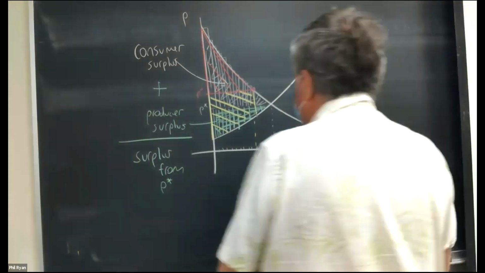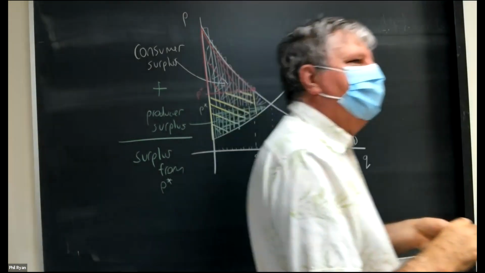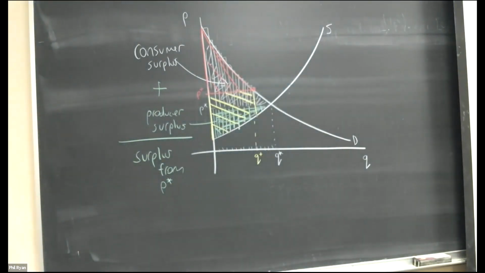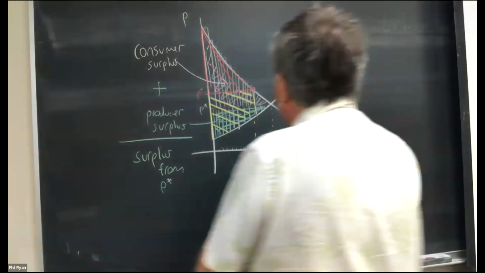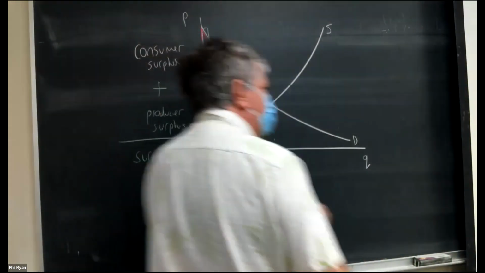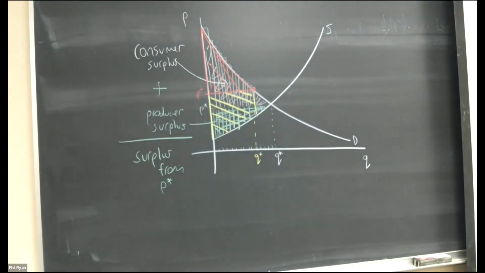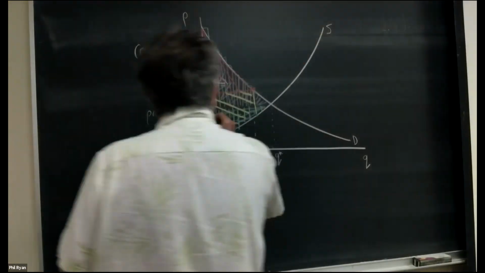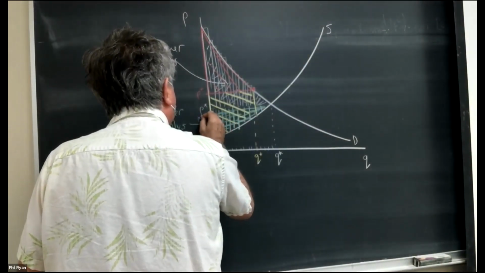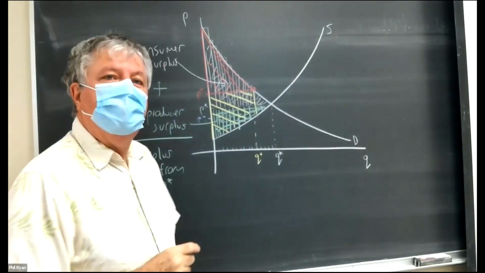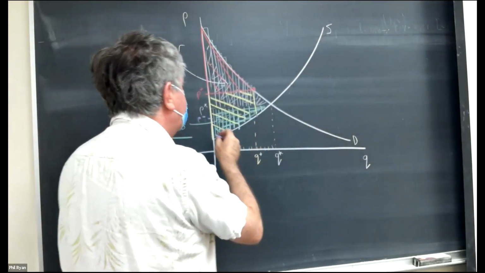What happens if they put pressure on the government to lower prices, or they get together and they force the price down? Well, if they force the price down, let's do P minus. What happens in that situation? Well, in that situation, the price has been suppressed.